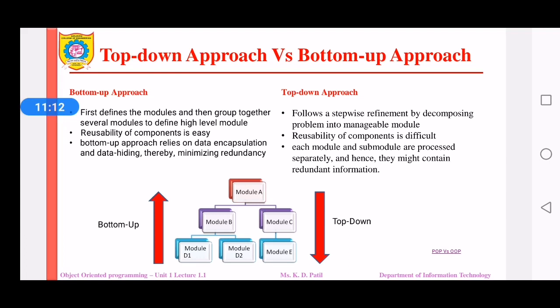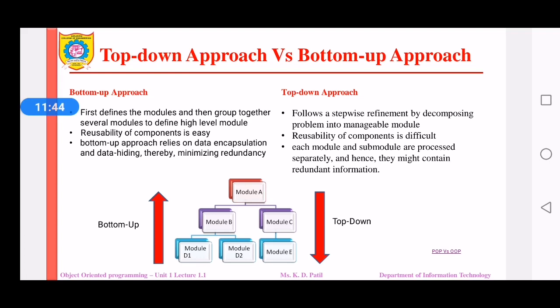In the top-down approach, the reusability of components is very difficult. Each module and submodule is processed separately and hence they might contain redundant information. But object-oriented programming follows the bottom-up approach. First, the modules are defined and then those modules are grouped together to perform a high-level module, to define a higher level model.